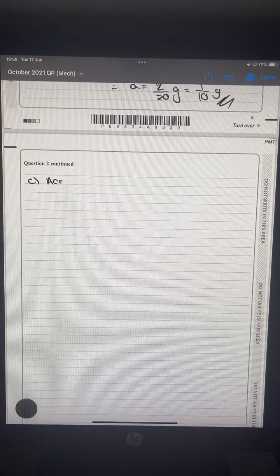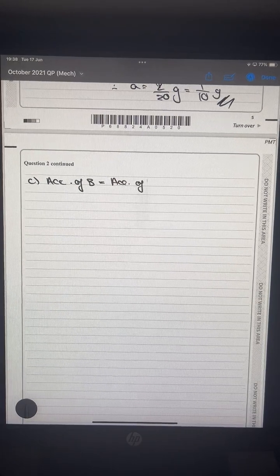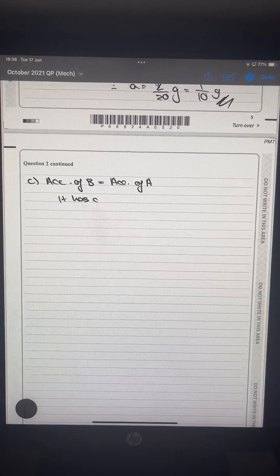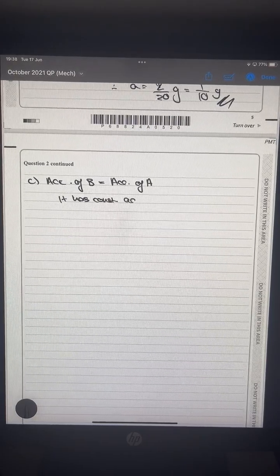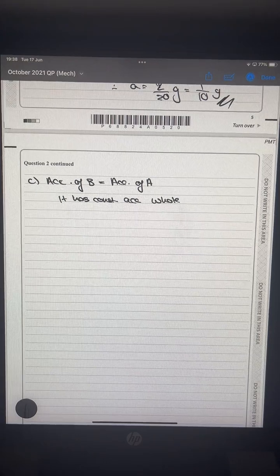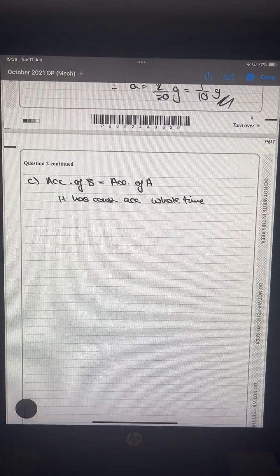The acceleration of B equals the acceleration of A, and it has constant acceleration the whole time. So that's what I'm doing first, thinking about the movement. The acceleration is constant, right? Because A is not changing. That would be variable acceleration, and in A-level maths, they're not going to do variable acceleration on a pulley slope.